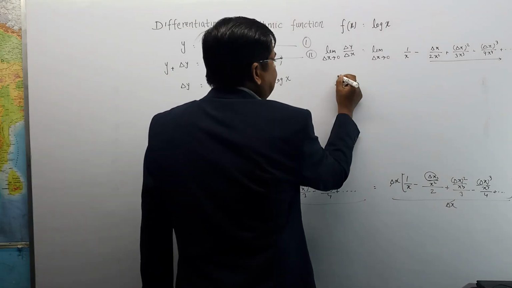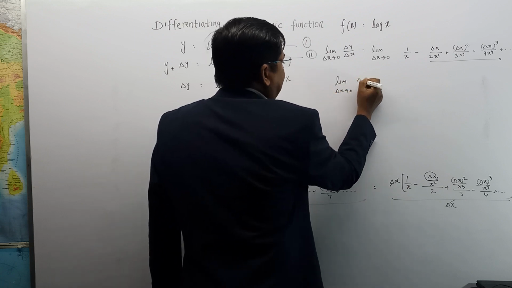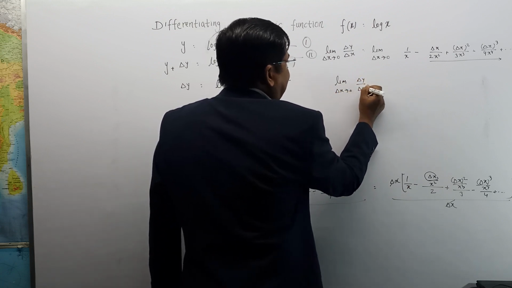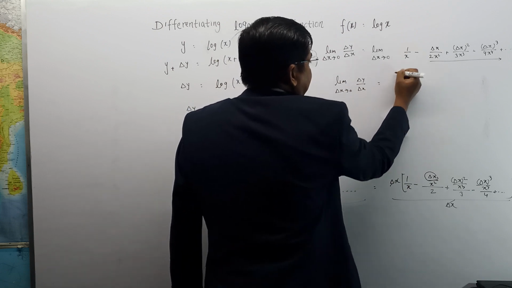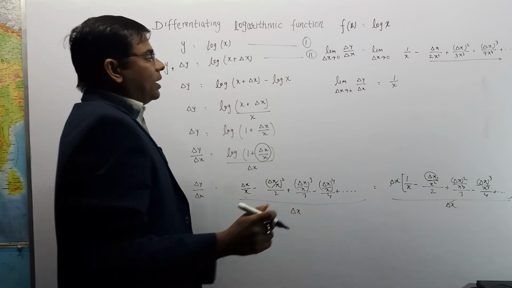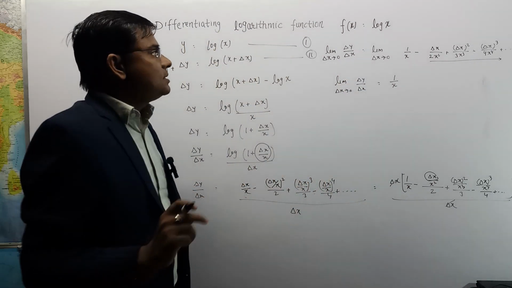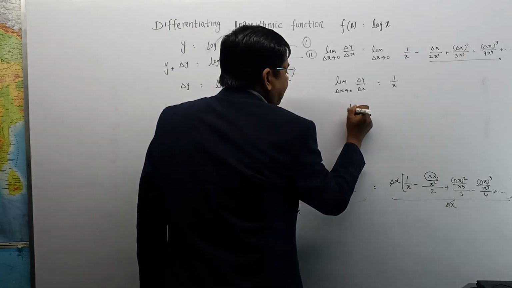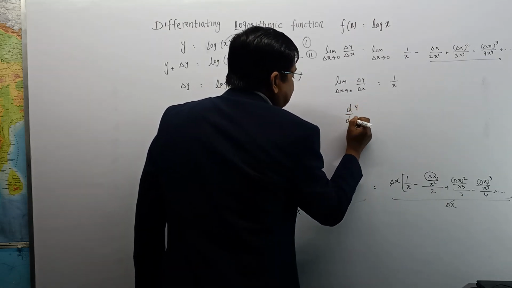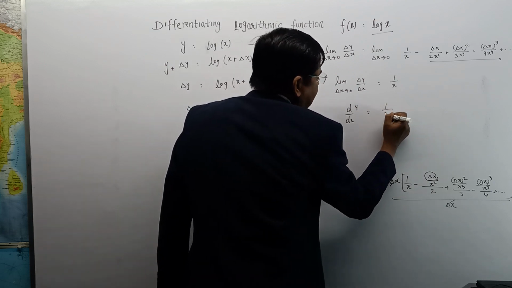So we can write here limit delta x tends to 0 del y over del x is equal to, after putting limit, 1 over x. Okay, now what is limit delta x tends to 0 del y over del x? This is nothing but dy over dx, where y is log x, so dy over dx is 1 over x.